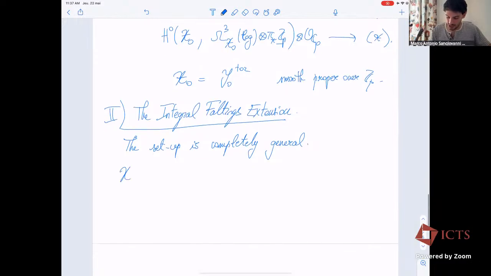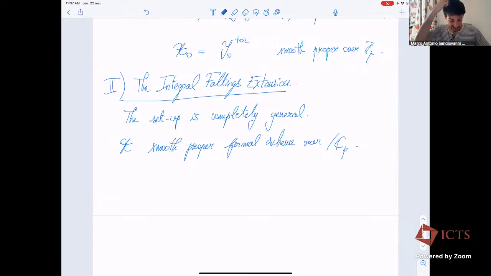So here I will take just X, a smooth proper formal scheme over, say, C_p. Concretely, X is just the base change of X naught.